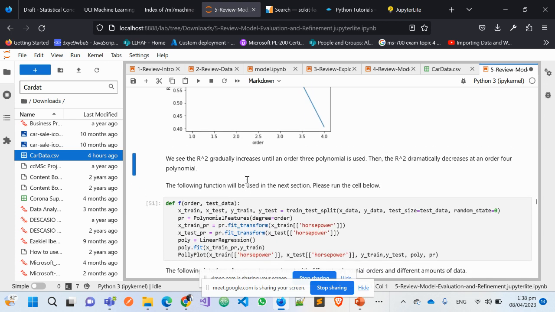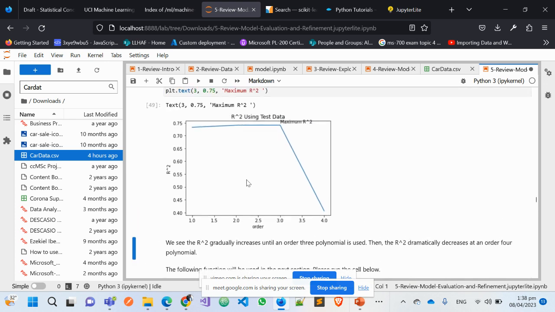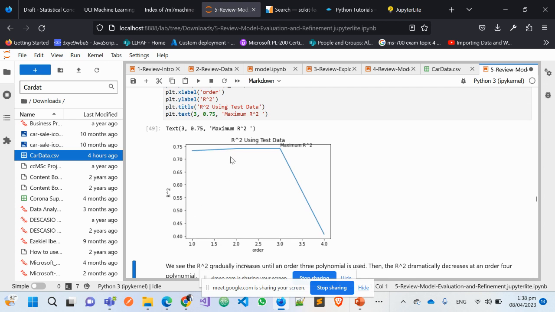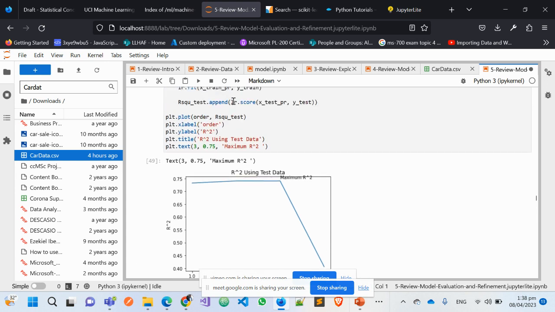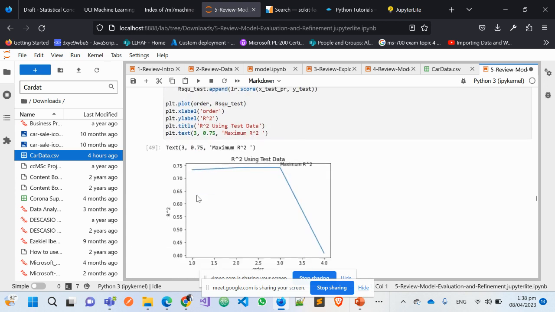All right, so here also we have these visuals on the R squared using the test data, and the decline from the maximum R squared obtained, which is at 75%.